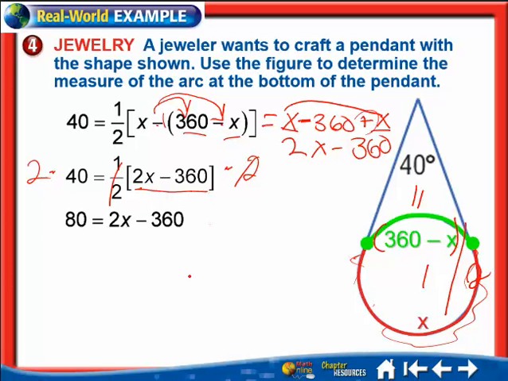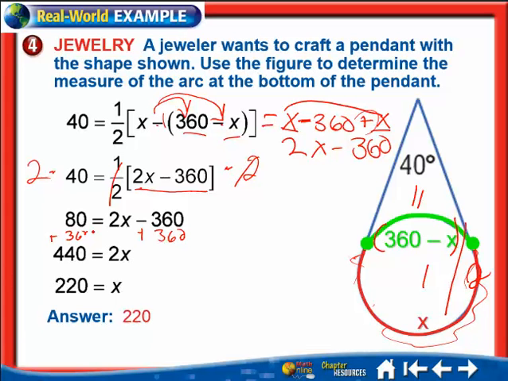Now, if I add 360 to both sides, do I need to show you that? Add 360 to both sides. I get 440 equals 2x, divide by 2, and I get 220. So my bigger arc, now remember this is x, my bigger arc is 220.